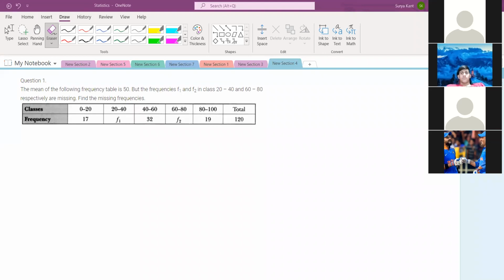See, the answer of F1 and F2, I'm telling you, Samarth: F1 is 28 and F2 is 24. You're getting the same answer? Yeah, same only. Okay.